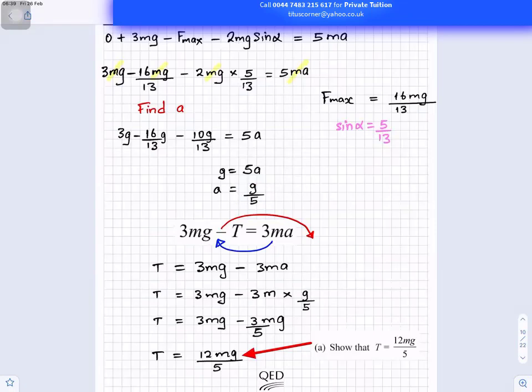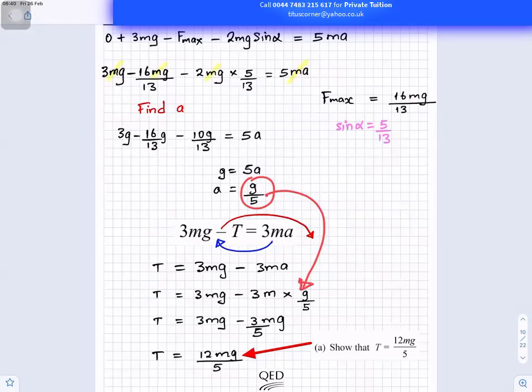You would take a and substitute it in that formula there. Make T the subject first. T is equal to 3mg minus 3ma. We take T to the right, it becomes plus T, and take 3ma to the left, it becomes minus 3ma. So we make T the subject. But we know a is g over 5.